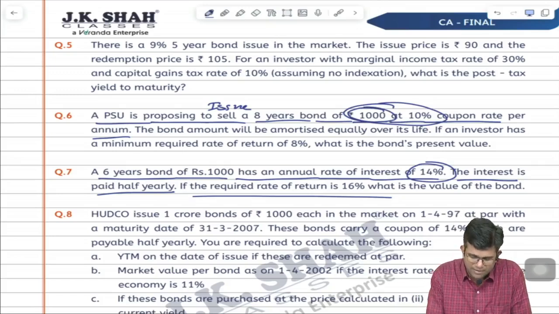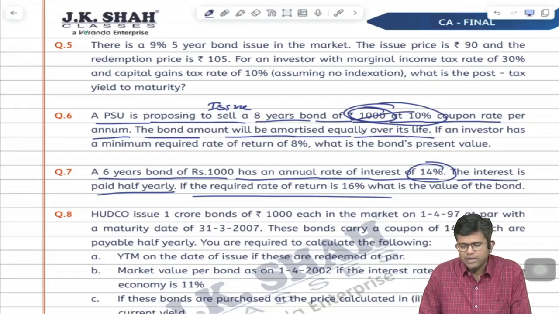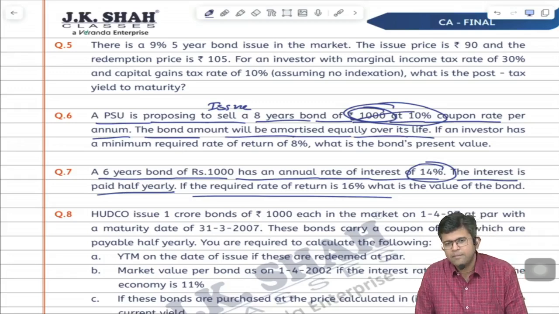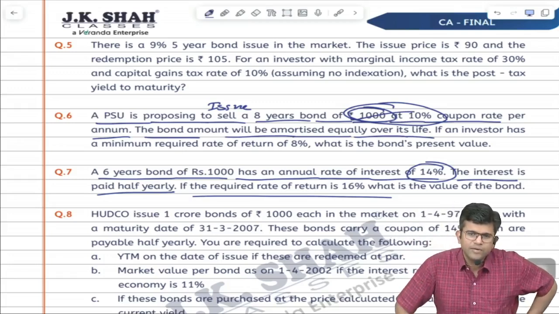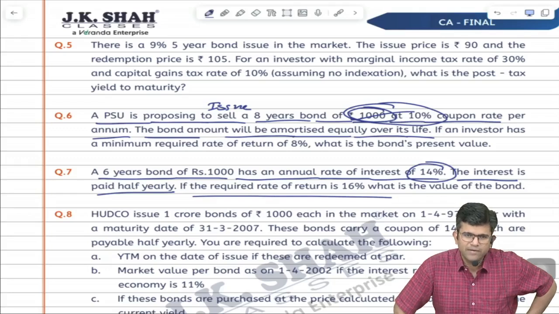But then they are saying the bond amount, that is 1000 rupees, will be amortized equally over its life. Okay, 1000 divided by 8, meaning can I say every year you will get 125 rupees principal. Everybody clear now? 125, 125, 125, every year you will get principal.